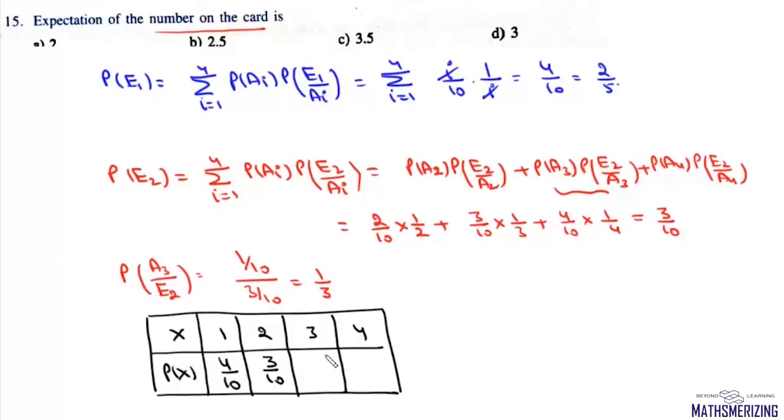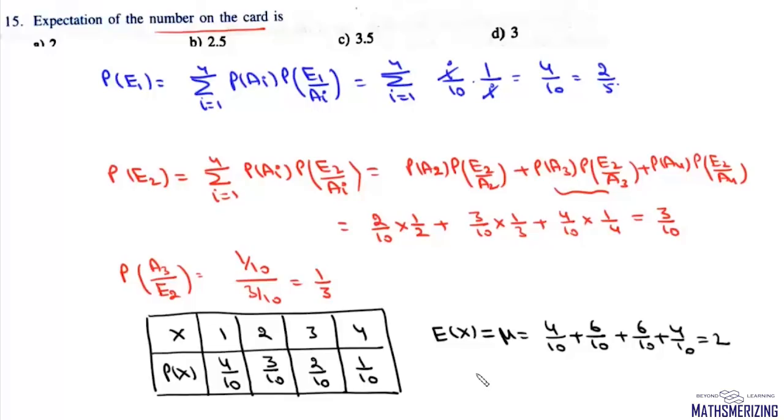Now for this number to be 3, it will be 2 by 10, and for 4, it will be simply 1 by 10. Now if we have to find mean of random variable X, which is mu, it will be this 4 by 10 plus 6 by 10 plus 6 by 10 plus 4 by 10, which is 2. So the expected value of the number on the cards is 2, and that's your option A.